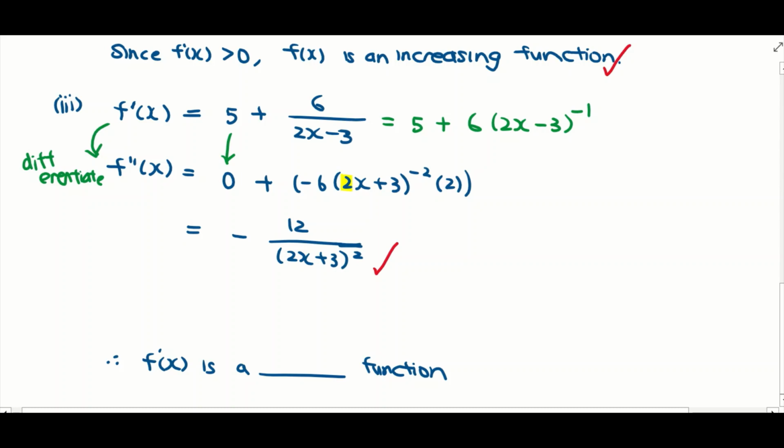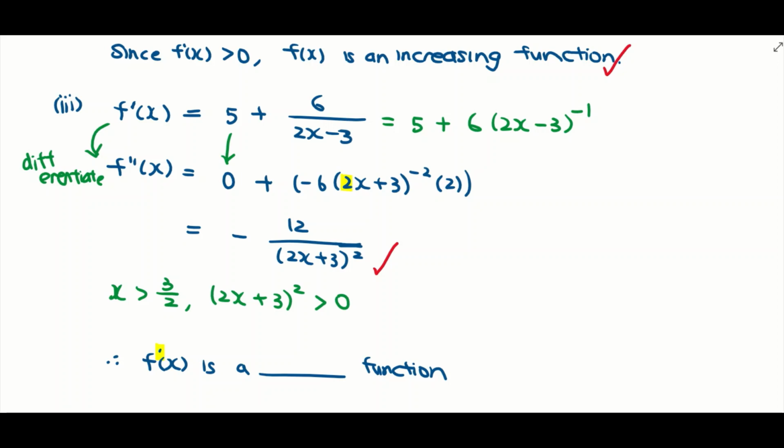We go back to answering the question. They want us to find what is f prime function. To answer that, I need to consider my f prime prime, whether it is positive or negative. So if my x is more than 3 over 2, actually for my denominator, this denominator will always be more than 0 because it's a square for any x values.